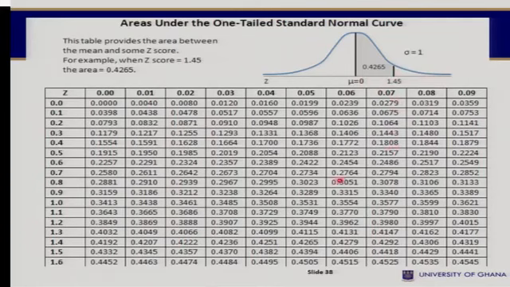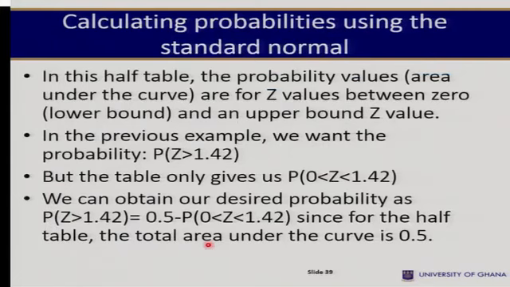Since this table gives us the area from z equal to 0 to z equal to 1.42 that we are interested in, we just come here and read 1.4 and 0.2. This gives us 0.4222. So to find the area to the right of 1.42, it's simply 0.5 minus 0.4222. And when you do that, as you can see, I've indicated that.